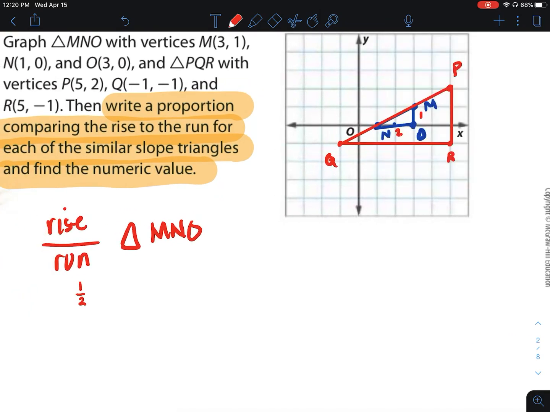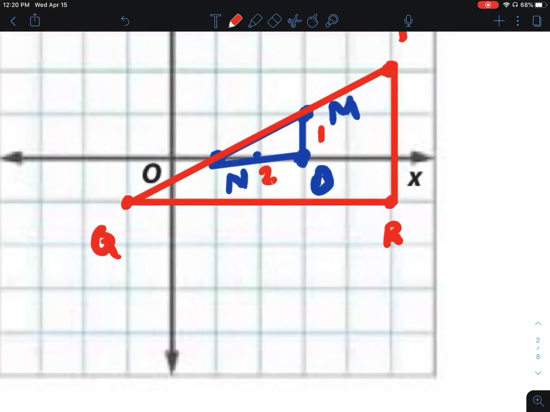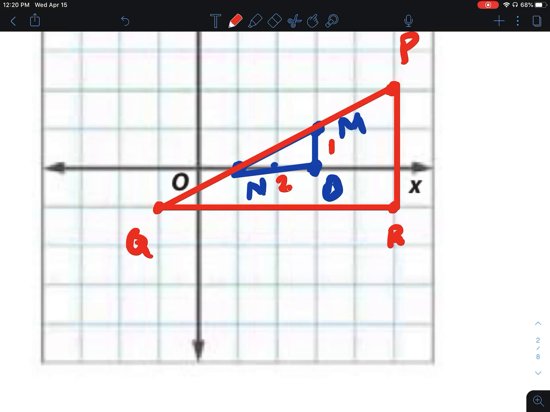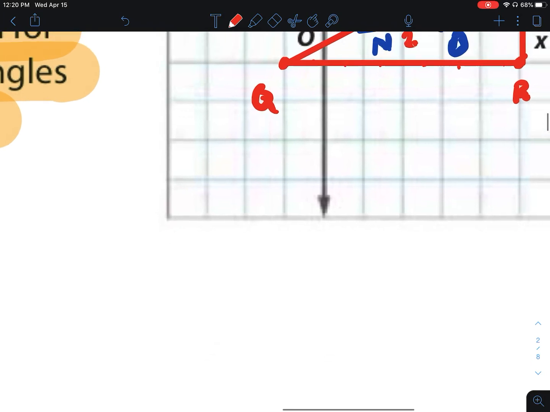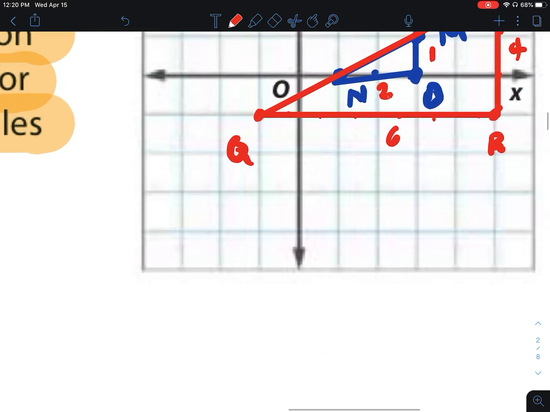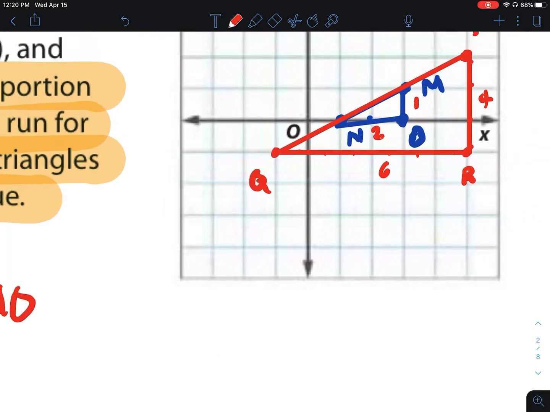In triangle PQR, our rise is 1, 2, 3, 4. So that's 4 units. Our run is 1, 2, 3, 4, 5, 6. So 6 units. Okay.